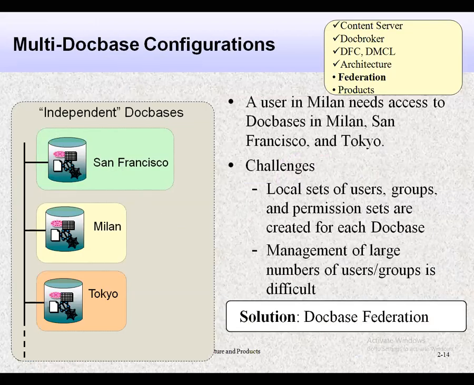There's another concept, docbase federation. In a federation, for example, we have interdependent docbases, like San Francisco, Milan, Tokyo: three repositories located in three countries. If a Tokyo user wants to access a Milan document, they cannot see it, because the docbases have no dependency on each other.